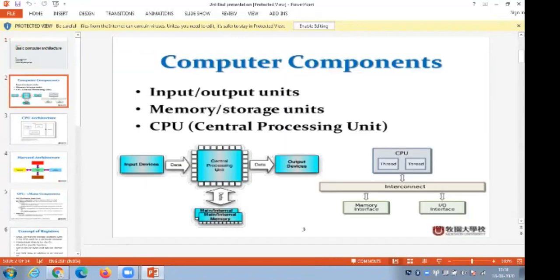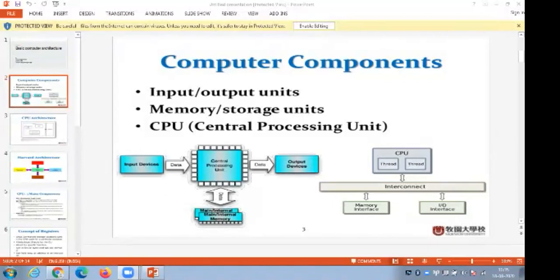To tell you about the basic computer architecture, I have given you a chart here which contains computer components. In these computer components we have input and output units, memory and storage units, and the CPU. CPU is nothing but the central processing unit.